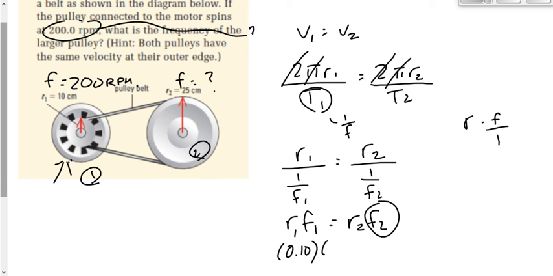It's 3.33 hertz. We were dividing that by 60 to get the number of rotations per second, right? 0.25 meters is the radius of the bigger one, times F2, and F2 should work out to be 1.3 hertz.